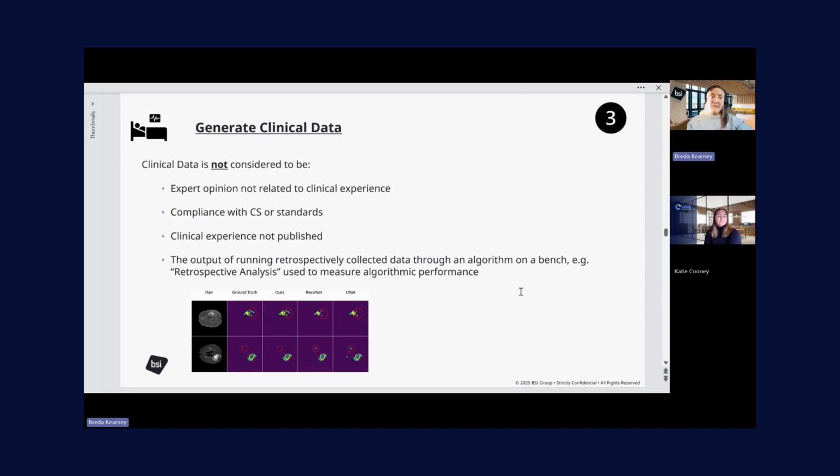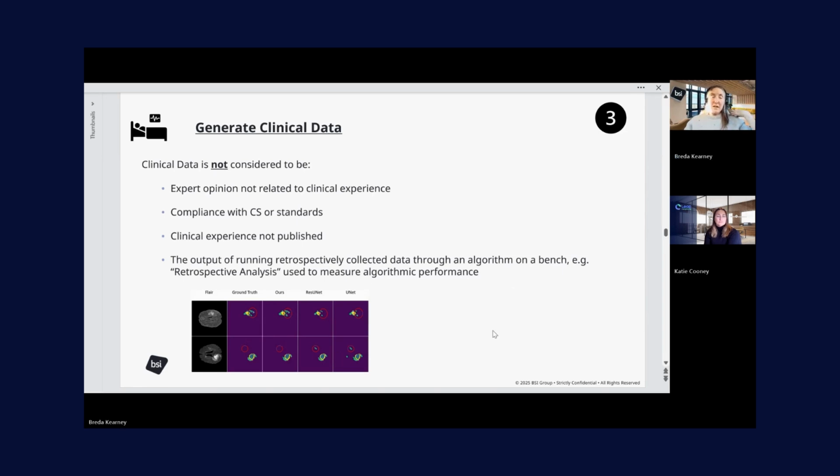Clinical experience that hasn't been published generally wouldn't be accepted as clinical data. And then this is important here, this final step, the output of running retrospectively collected data through an algorithm on a bench. So retrospective analysis.